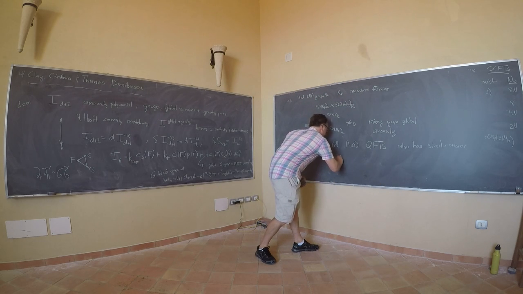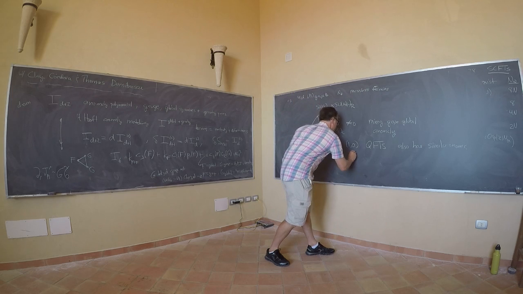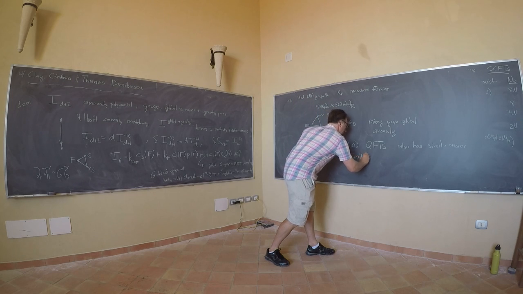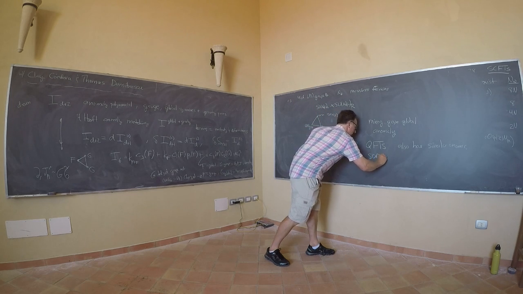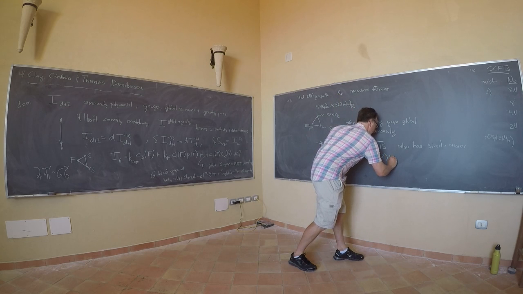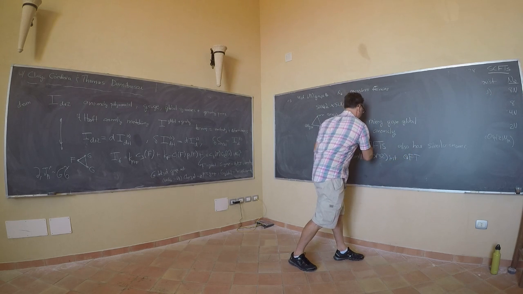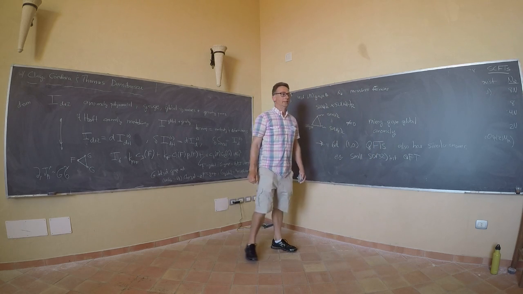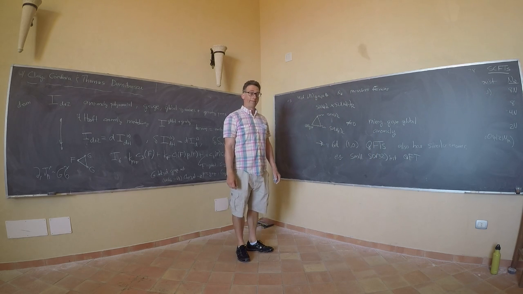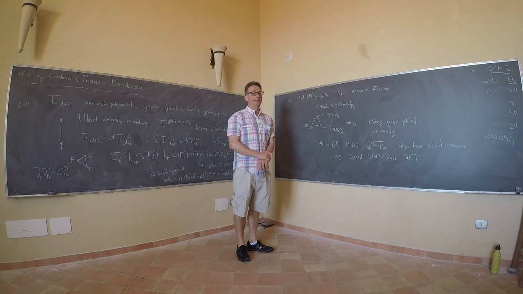And an example of this would be the small SO(32) instanton quantum field theory. Here I'm writing quantum field theory, not conformal field theory. So in 6D, of course, it's box diagrams rather than triangles. That's right. Yeah.